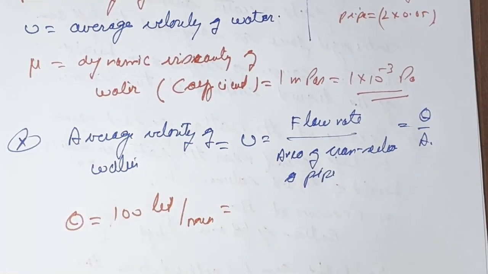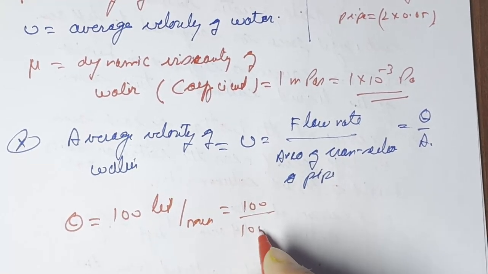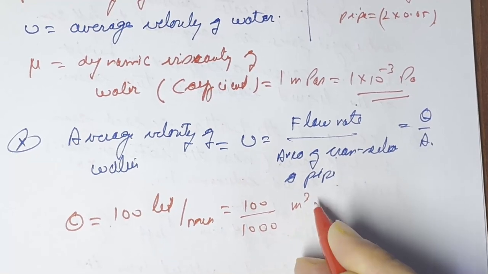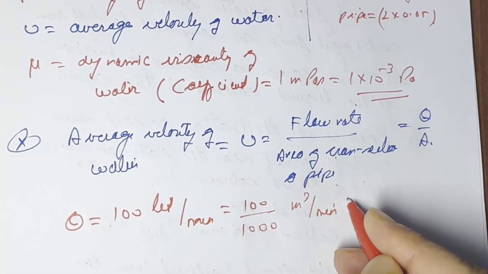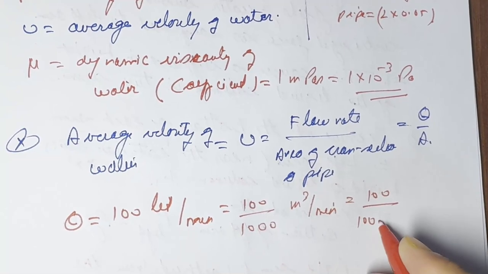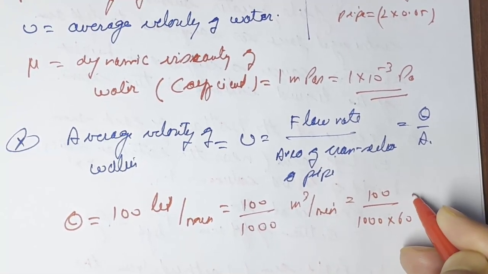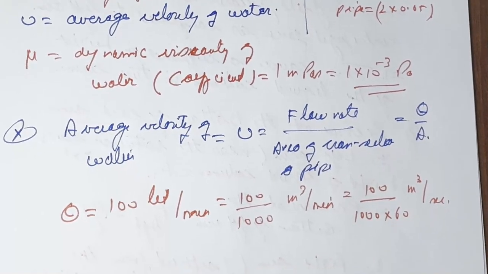So first of all, we convert that into the meter cube. So this will be 100 upon 1000 meter cube per minute, and then we convert this into seconds. So this will be 100 divided by 1000 multiplied by 60, and now we have meter cube per second.